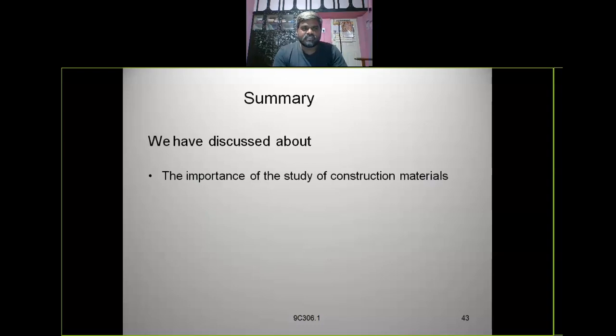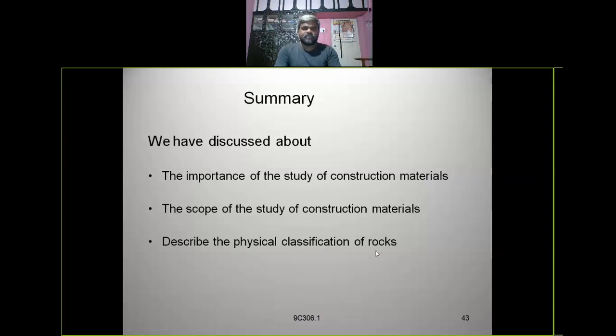Right. Summary. What we have discussed, I will summarize briefly. We have discussed the importance of the study of construction materials and the scope of the study. We already described the physical classification of rocks like stratified rocks, unstratified rocks, foliated rocks, right?